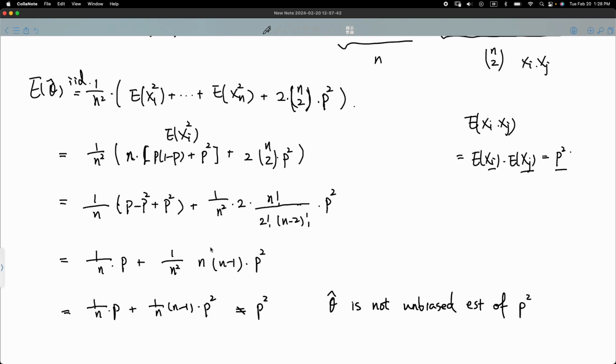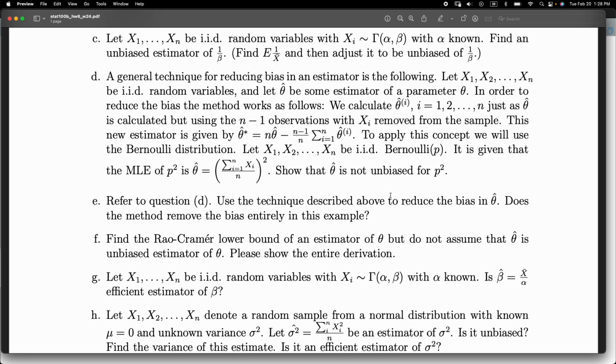What is p squared? P is the parameter of the Bernoulli distribution. Yeah. And can you elaborate on why is p squared? Your question regarding why are we interested in p squared, or what do you mean by why is p squared, or what is p squared?